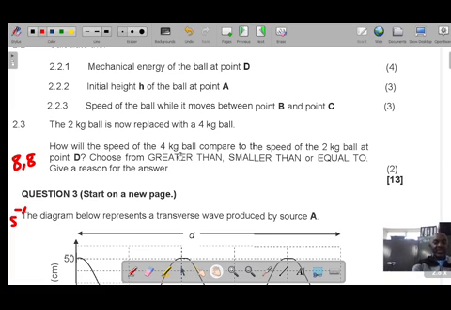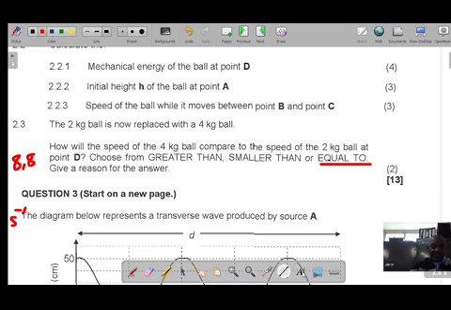So what do you think here, guys? Is the speed going to be greater than, smaller than, or equal to? Actually, here the answer is equal to. Give a reason for your answer.